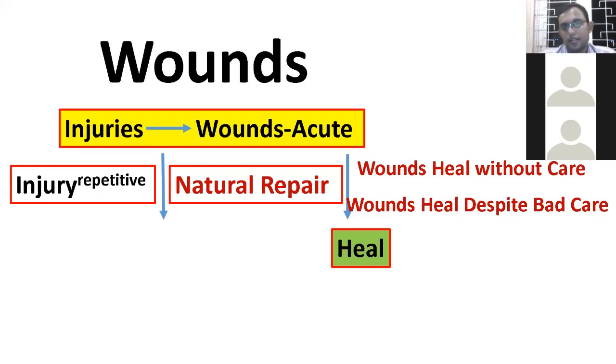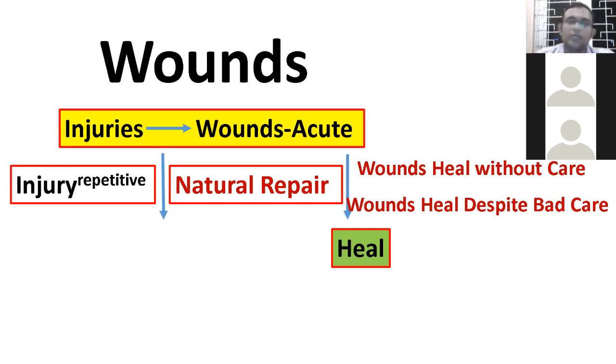To do that, there should be several mechanisms acting. Something drastic should happen. You should remember that it's difficult to create a chronic wound, because the natural healing processes have evolved such that 90% of wounds heal even without care or with bad care.